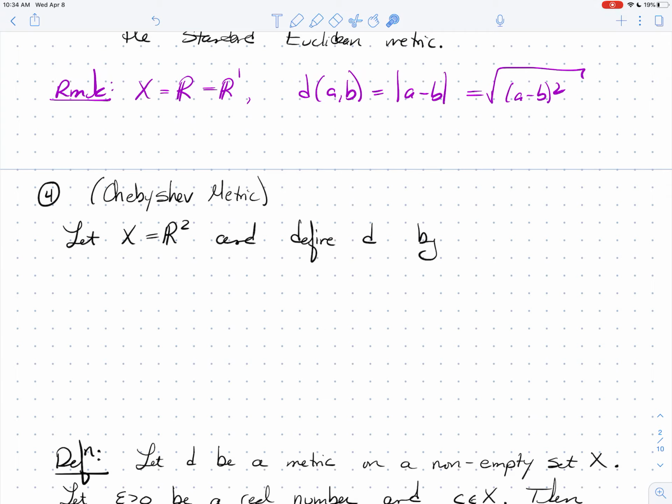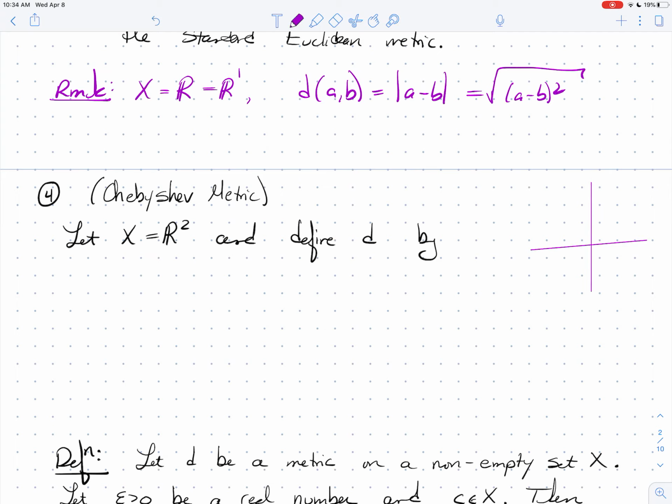Okay, let's look at a little different metric. This is called the Chebyshev metric. And again, we're going to work over R2. So we're going to be working in 2 space, which you're familiar with. But I want to define distance quite differently than what you've seen before. And so how does it go?